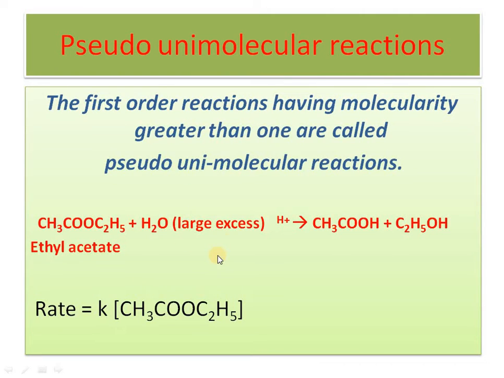Why 1? Because water is taken in excess, and excess reactant does not govern the rate of reaction; the limiting reactant does. So the order is 1, and H2O was there earlier but it was made 0, because it is present in large excess. In this case molecularity is 2. So it seems that its order is 1 but molecularity is 2.